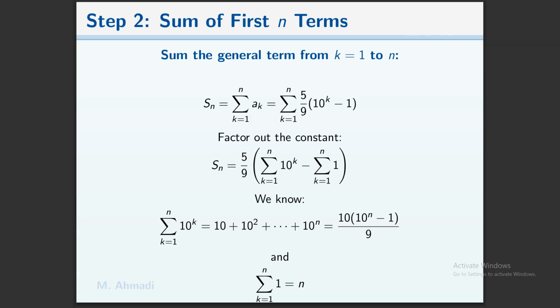So Sn equals 5 over 9 multiplied by the sum from k equals 1 to n of 10^k, minus the sum from k equals 1 to n of 1. We know that the sum of 10^k from 1 to n, which is 10 plus 10^2 plus so on up to 10^n, equals 10 multiplied by (10^n minus 1) divided by 9. And we know also the sum of 1, k from 1 to n, equals n.